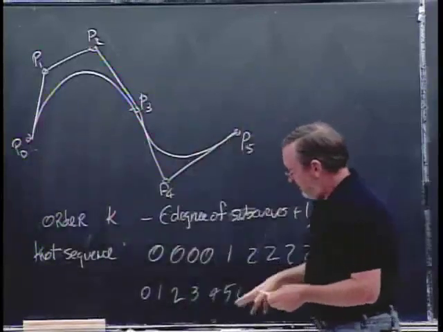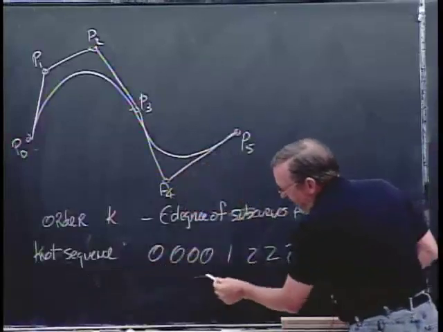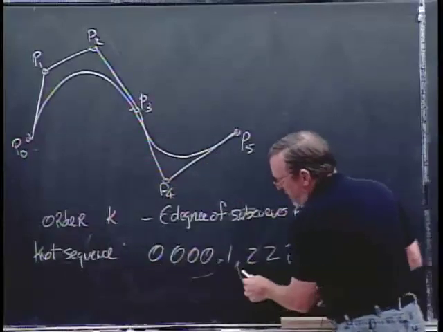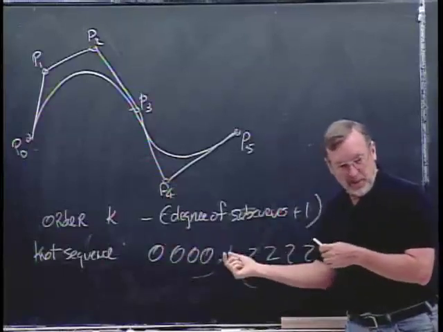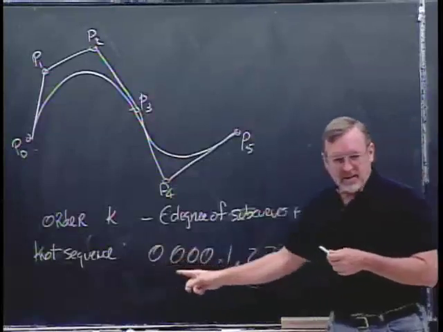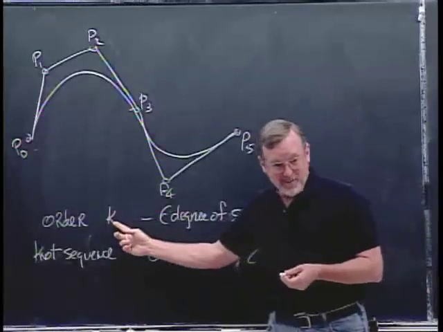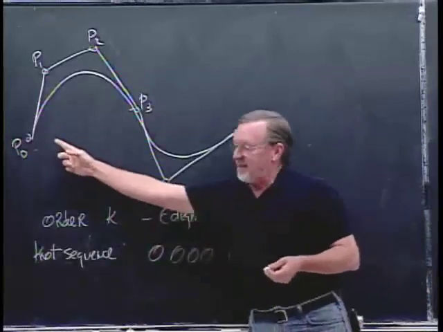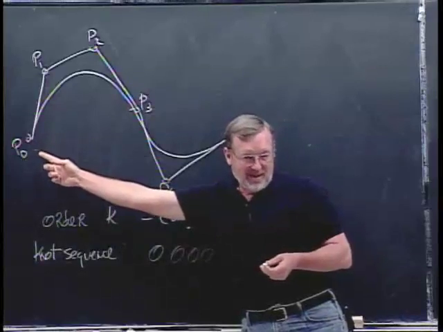Now, in this sequence right here, can you see that here's your piece lying in between 0 and 1, and the other piece lying between 1 and 2. And when you repeat the knots like this, if you repeat the knots K times, it forces it to go through the endpoints. Okay?